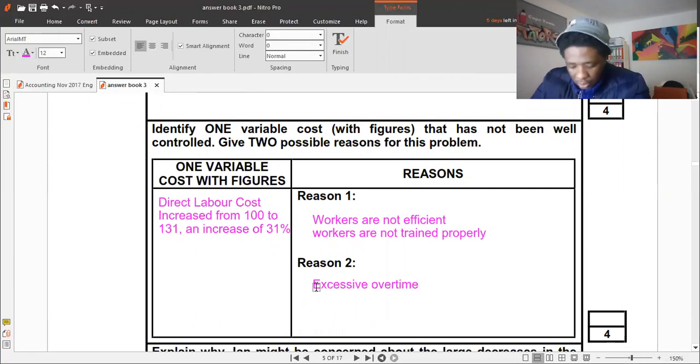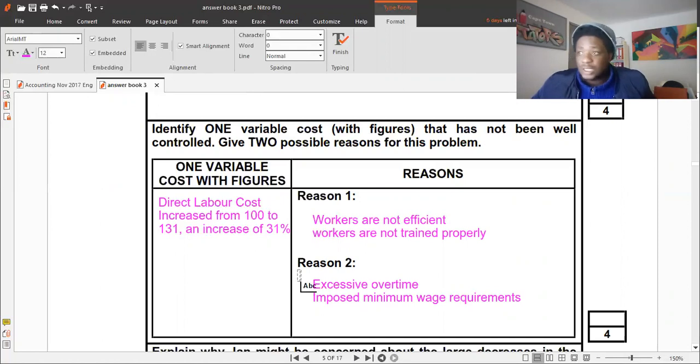Excessive overtime could be another problem, and maybe also imposed minimum wage requirements. So it could be many reasons. These are the ones that I've thought of, and any other reason that makes sense is going to be marked correct as long as it makes sense. So try and think of things that make sense when you're answering these kinds of questions.